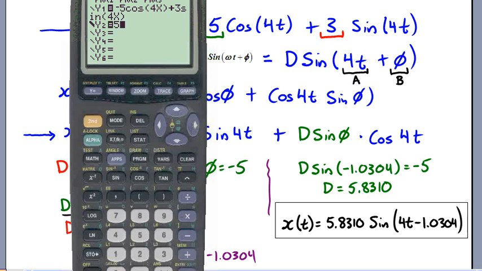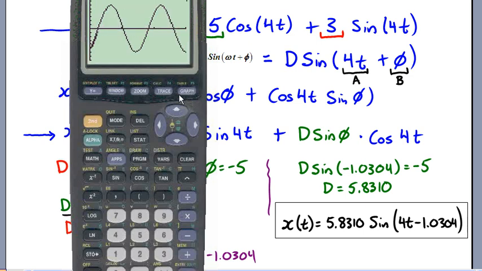So this is going to be 5.8310 times the sine of 4, there's my bounce rate, times my time, minus 1.0304. Okay, so I already can tell you what the amplitude will be. It's going to get as big as 5.8310.